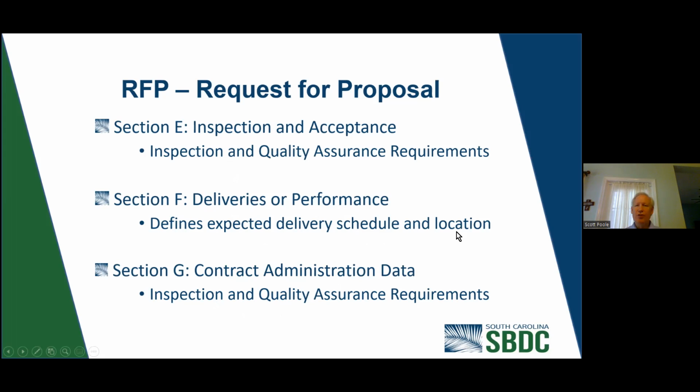Sometimes the government says, I need this at a certain delivery time and at this location, so you agree to do that. And sometimes you're dealing with subcontractors, and if something is delayed, the government is not going to go to them, they're going to come to you and ask why it isn't here.